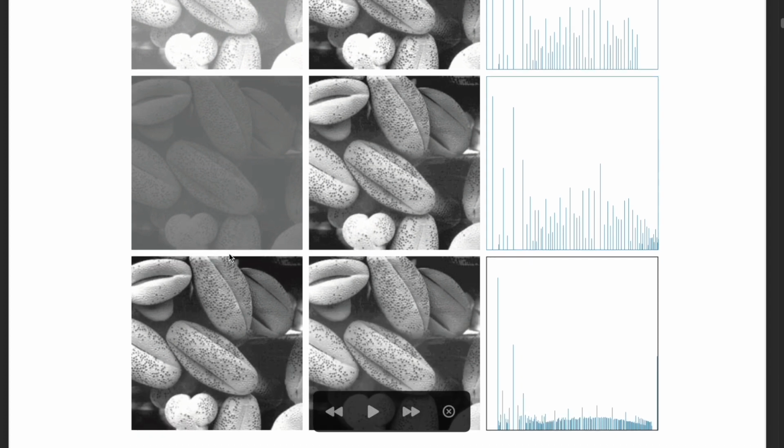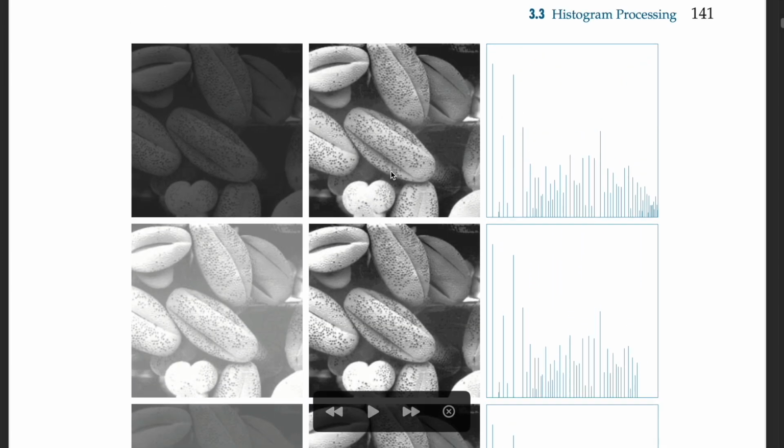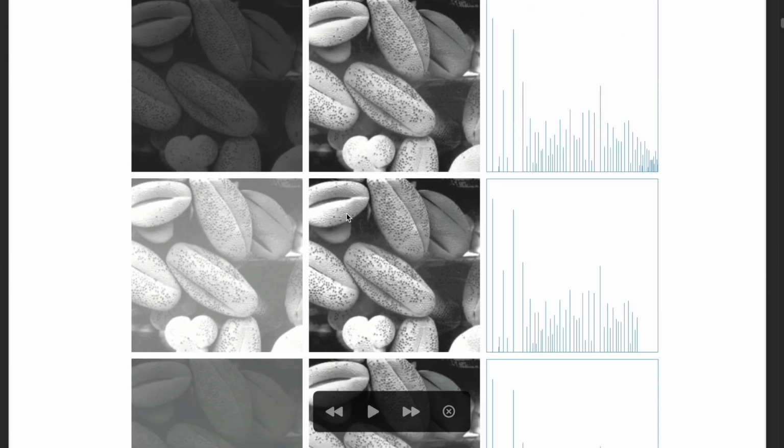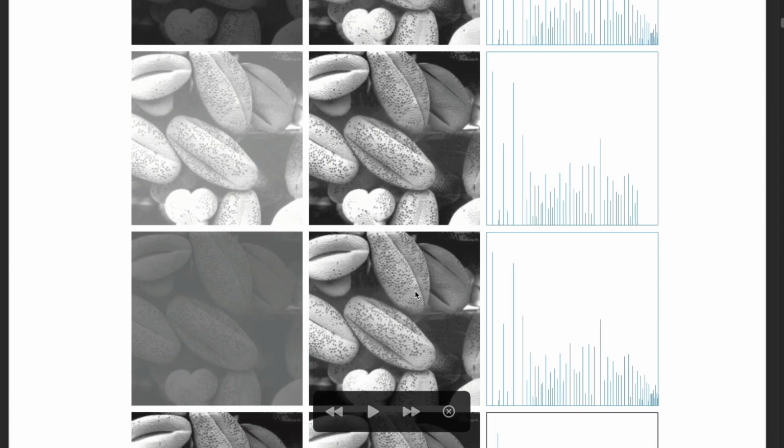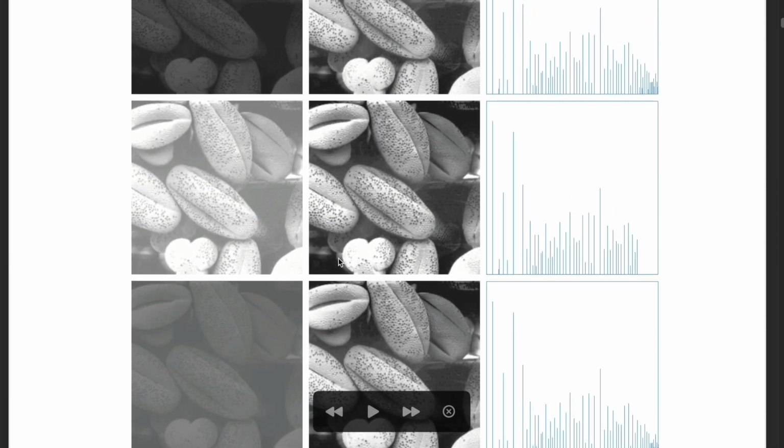Now this was a low contrast image and this was a high contrast image. In the low contrast image, all of the pixels were situated in the middle portion. And after applying histogram equalization, it seems similar, isn't it? Similar to this image, this image, this image. So no matter where we start, we end up with a similar image, right?